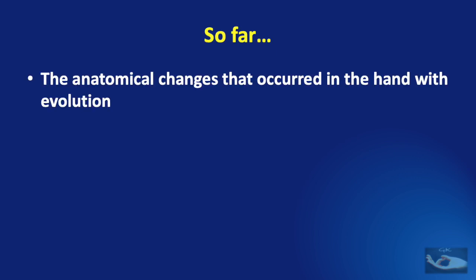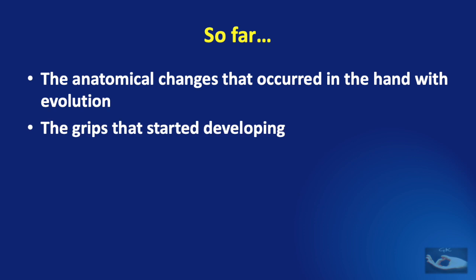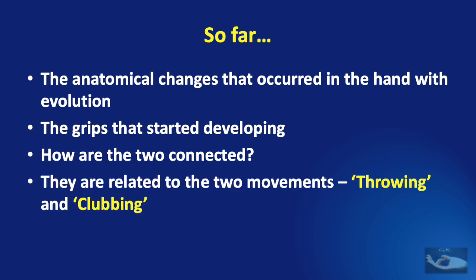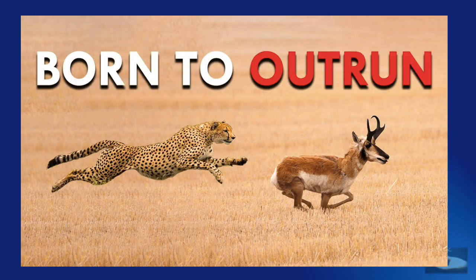So far, we have seen the anatomical changes that occurred in the human hand with evolution and the grips that started developing in this evolved hand. But how are the two connected? They are related to the two movements of throwing and clubbing. Other animals could run fast and catch their prey for food.